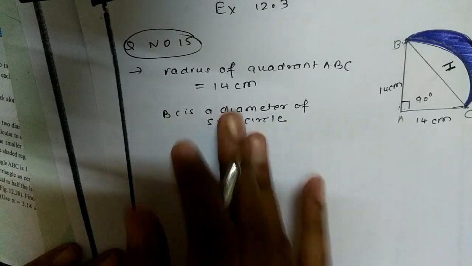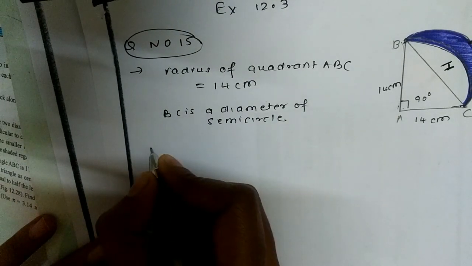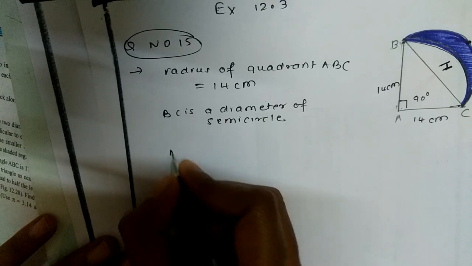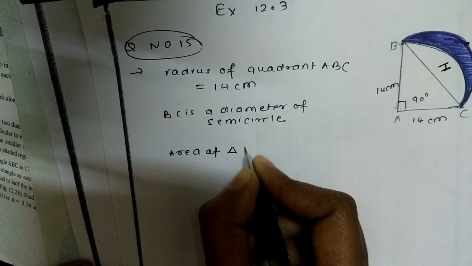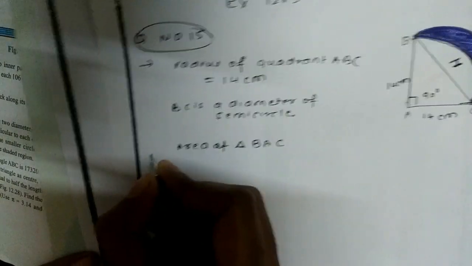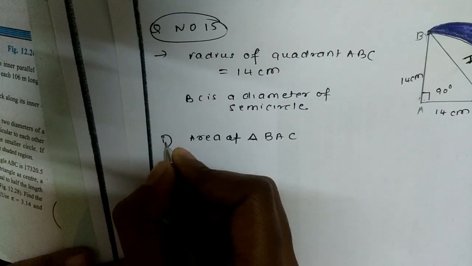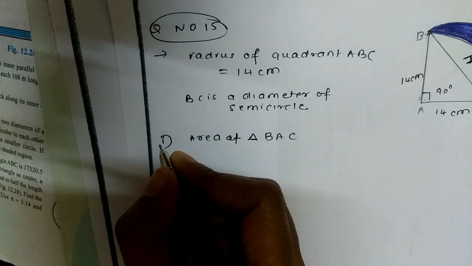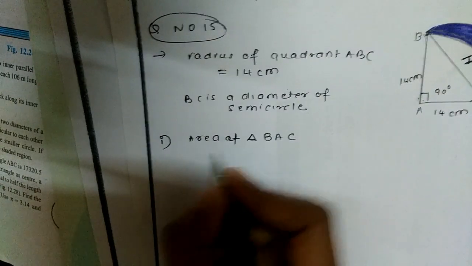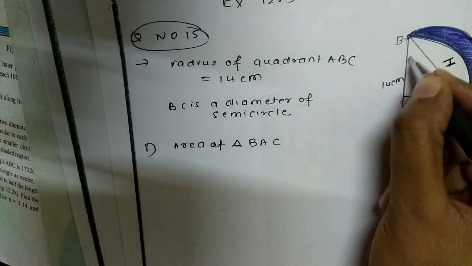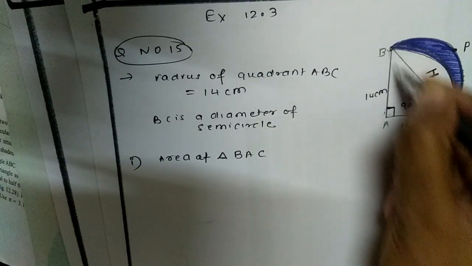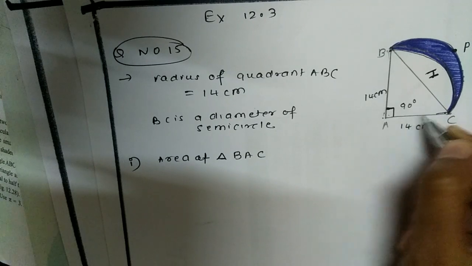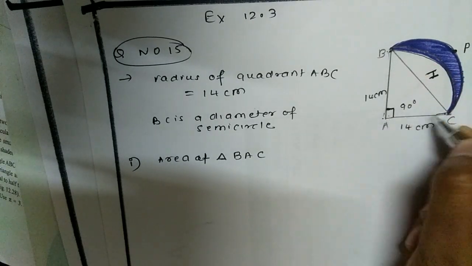So let us start here. The area of triangle BAC we'll find out. I'll name this as 1, 2, 3. Area of BAC, as it is a right angle triangle, you can see these two will be the base and the perpendicular, or the base and height.